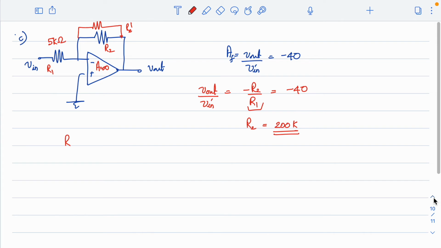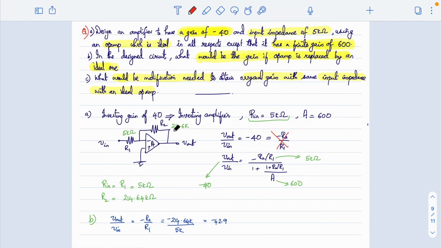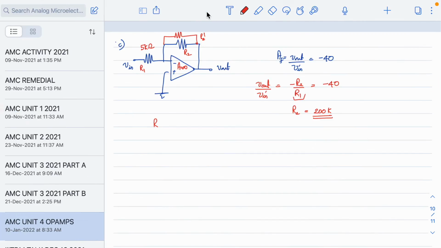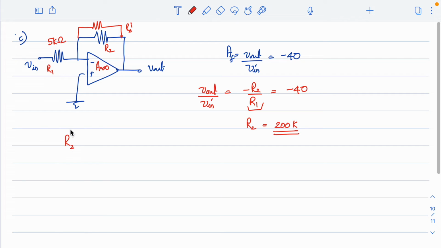In the example we designed, first you have an R2 of 214.6K. You have to add a resistance in parallel to this, so I will write it here as R2 dash parallel to R2. This should be equal to 200k, right?